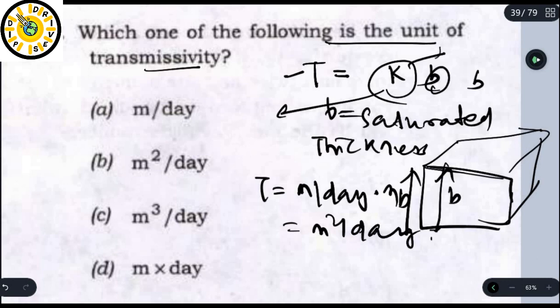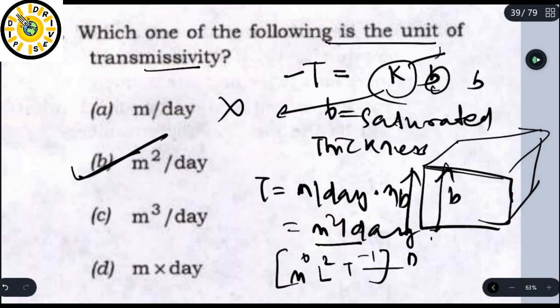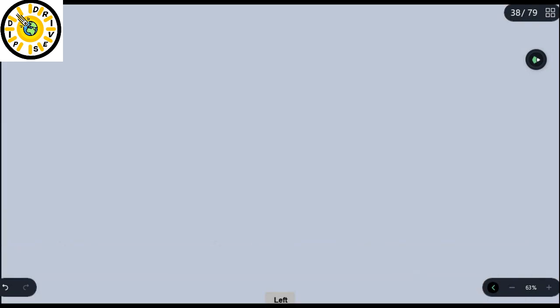This is the right answer. If it asks for the dimension, you can write M0 L2 T minus 1. So this is the dimension of the transmissivity.